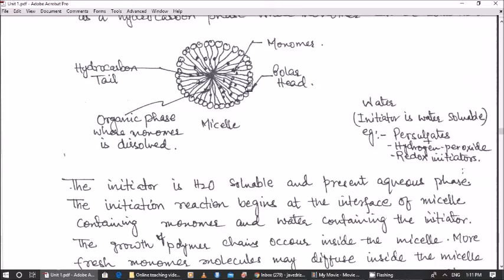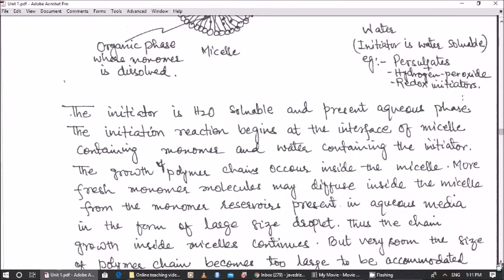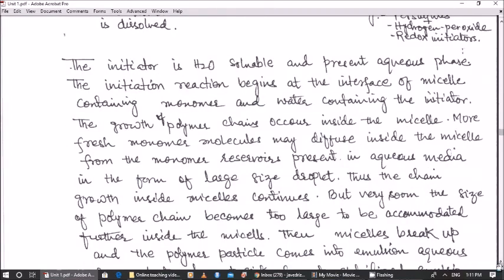Examples of emulsion polymerization initiators are persulfate, hydrogen peroxide, and reduction oxidation initiators known as redox initiators. The initiator is water soluble and present in the aqueous phase. The initiation reaction begins at the interface of the micelle containing monomer and the water containing the initiator.